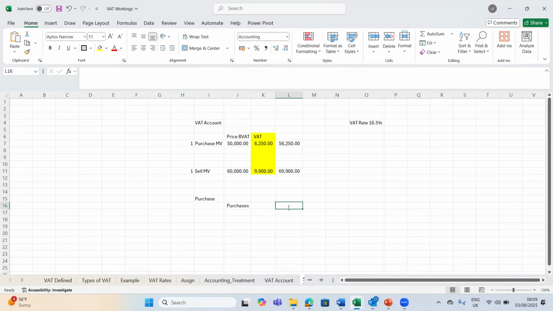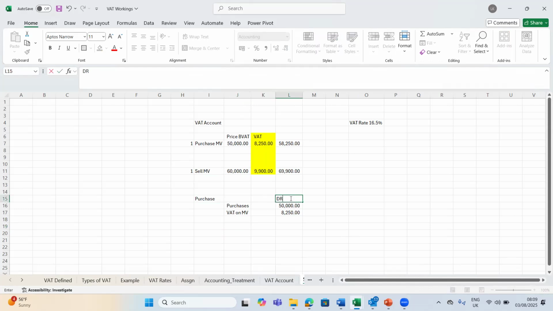With only our 50,000 here. And the next debit will go to what? VAT, VAT on motor vehicle. How much is that? The amount is 8,200.